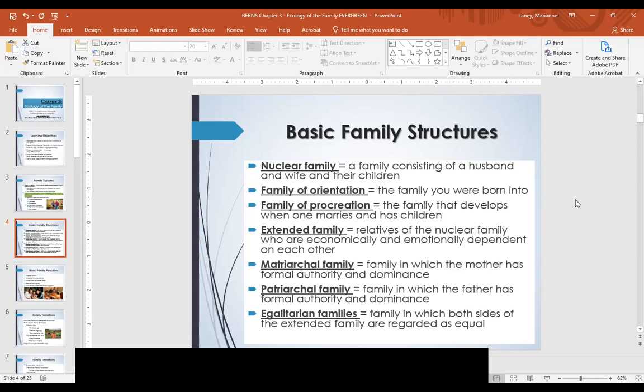Matriarchal family is one where the mom runs the show. Then there's patriarchal family where the dad runs the show. And you'll see kind of a split type of situation. A lot of times it's like the mom runs the show until the dad gets home. So you can have a dual orientation there, and that's okay, that works. Egalitarian families are the ones that split kindly, and they balance out.